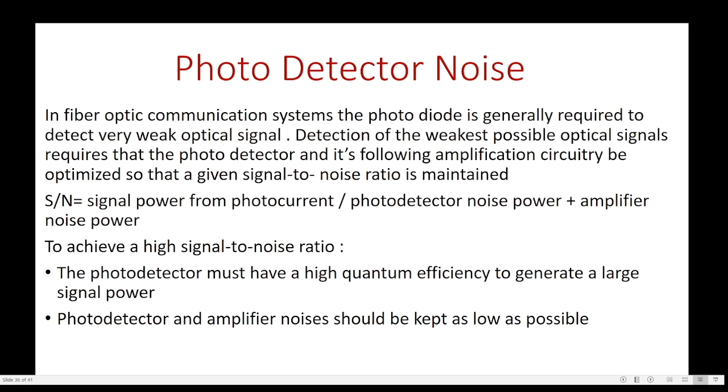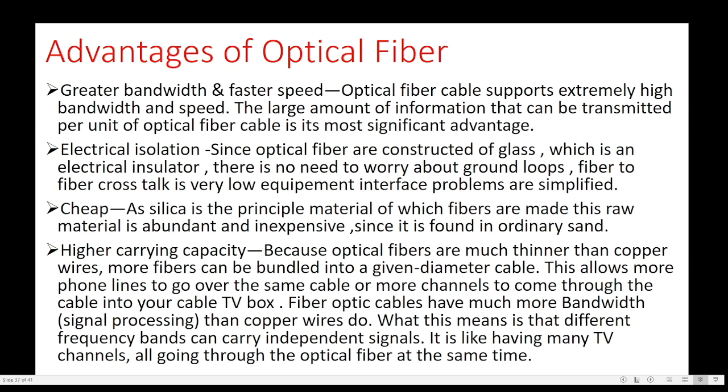So, we are trying to minimize the noise in the receiver. If there is some noise present at the receiver end, we cannot receive clear information at the output end.